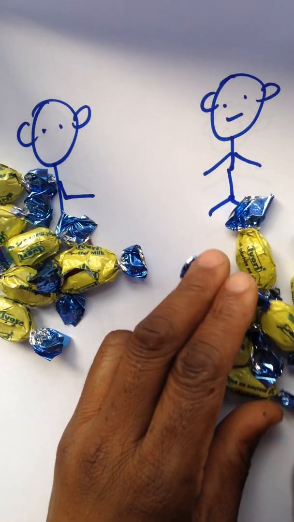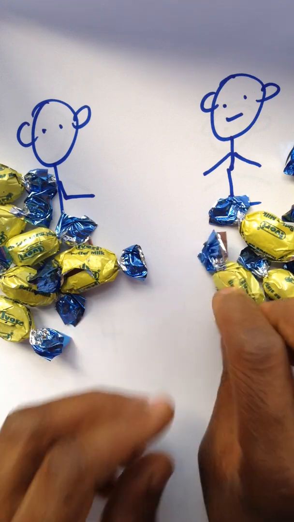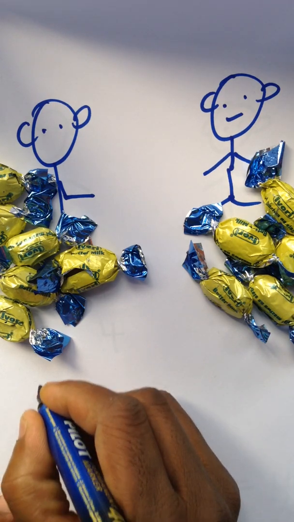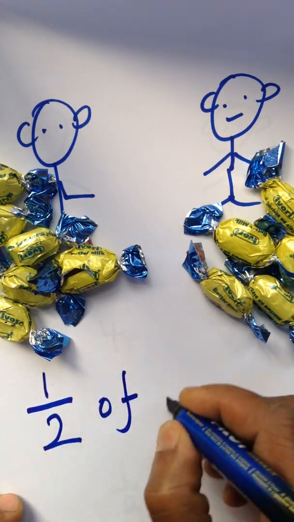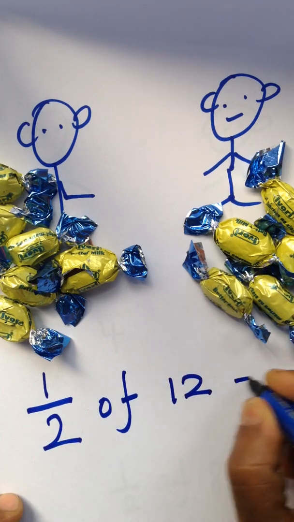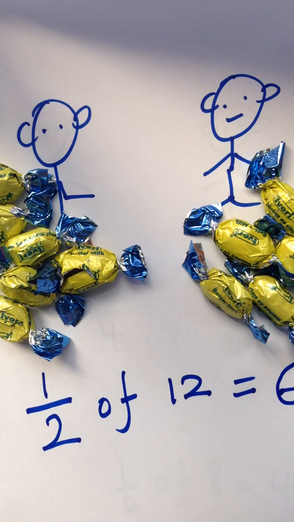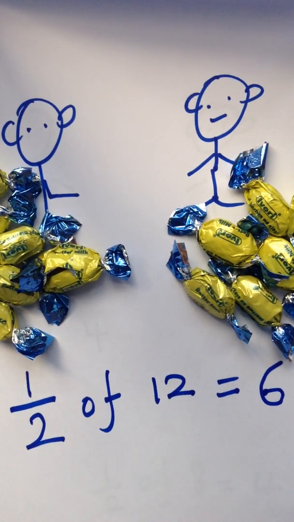The second one got 1, 2, 3, 4, 5, 6. So each has got a half of the total sweets I had. A half of 12 is 6. So each gets 6 sweets.